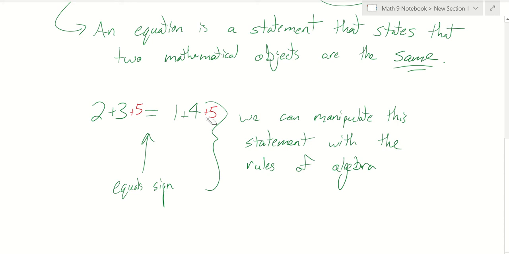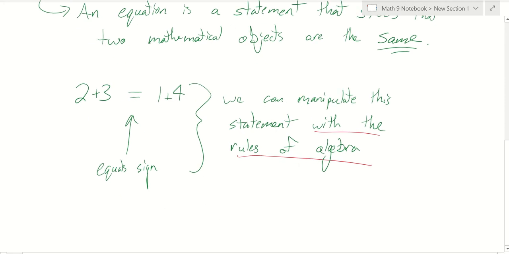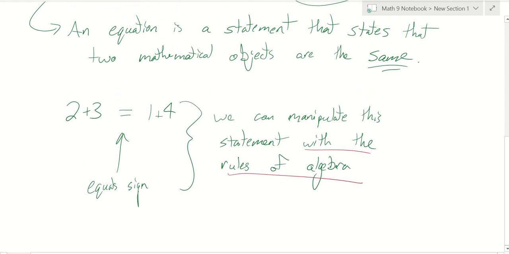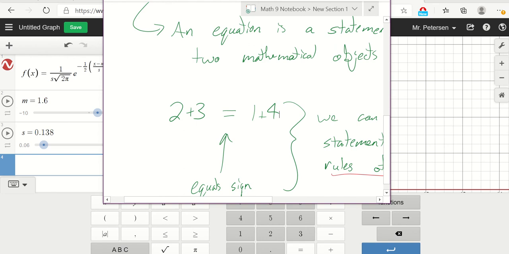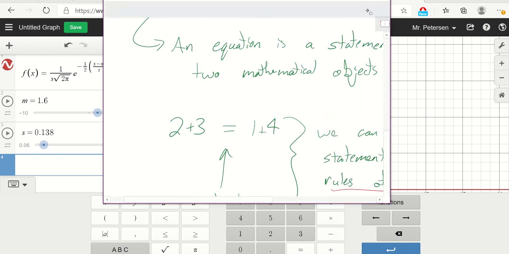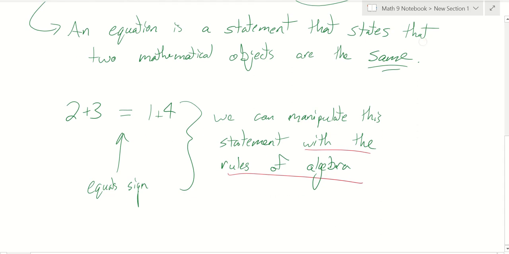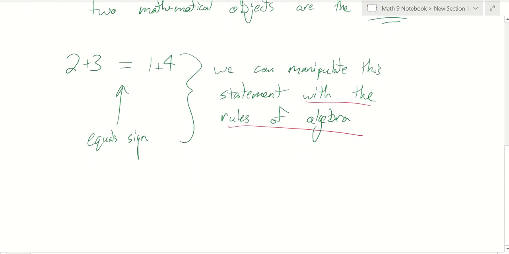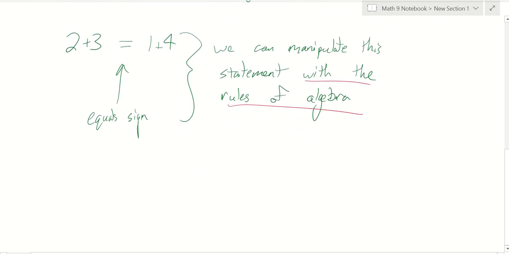If we add 5 to the left-hand side, the rules of algebra state that you must add the same quantity to the right-hand side as well. We'll talk more about this in a future video, although it's a very familiar rule by now. So that's what an equation is: a statement that states that two mathematical objects are the same. I seem to always be pressing the wrong buttons here, but we'll wait for me to get slowly better at technology.